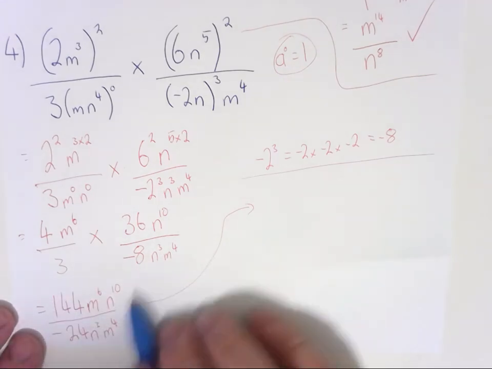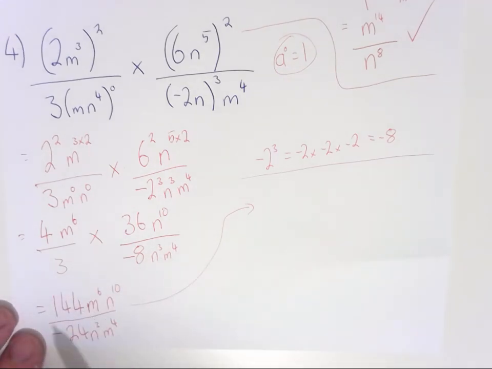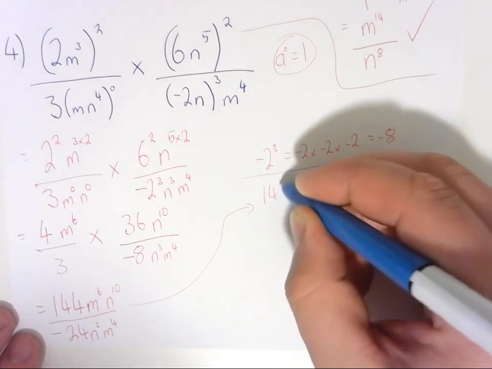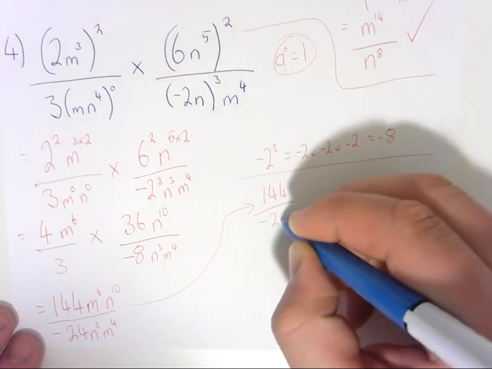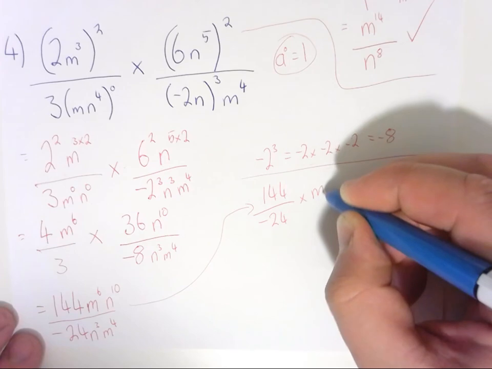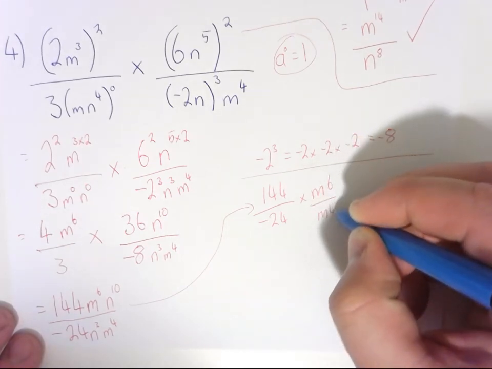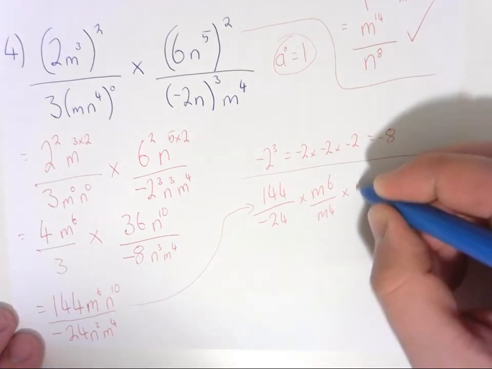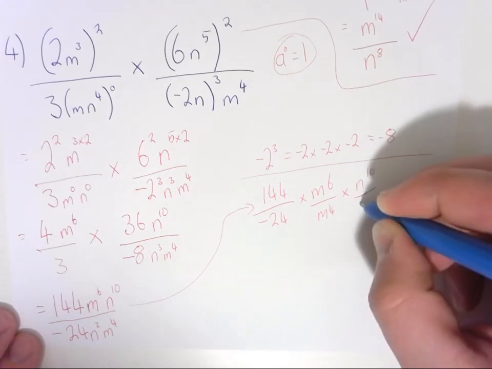And when we get to this point, again, split it up. Keep your numbers similar, variables together. So 144 on negative 24 by m to the 6 on m to the 4 by n to the 10 on n to the 3.